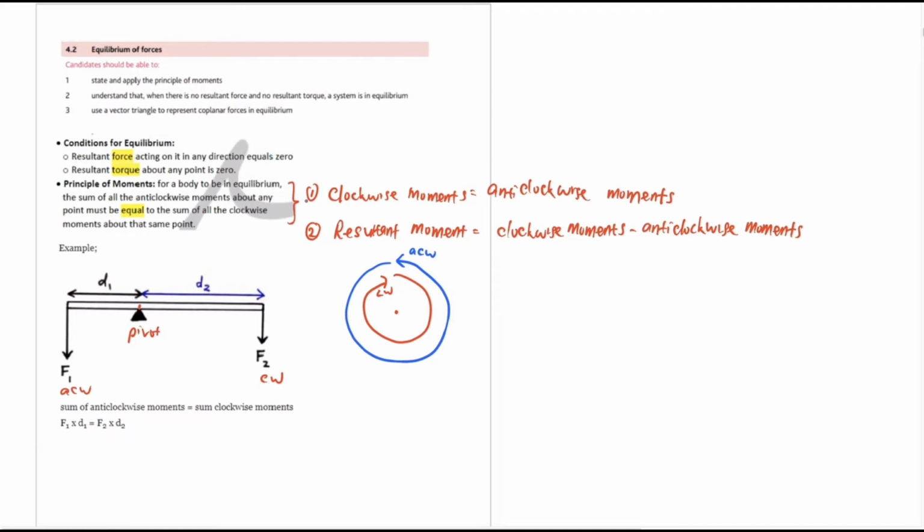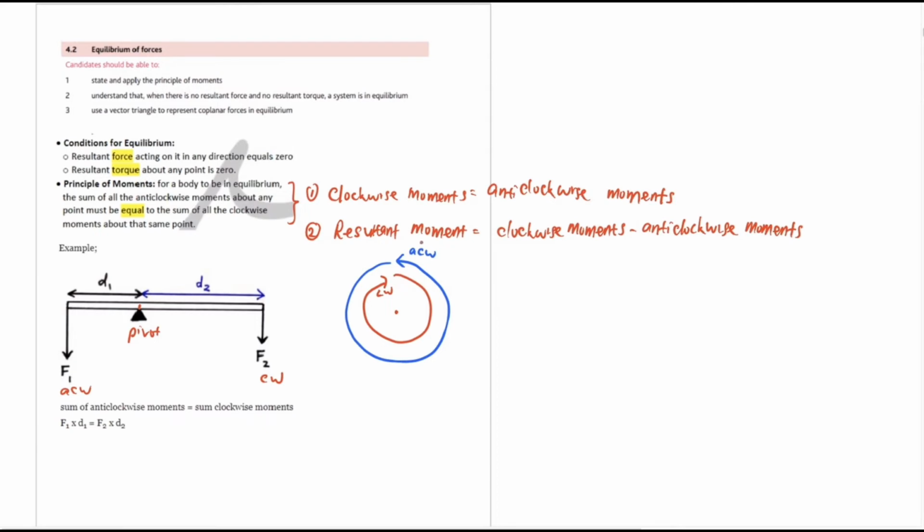So it's 0. You look at number 2, right? Resultant moment. Resultant moment is equal to 0 because clockwise moments is equal to anti-clockwise moment. So you minus them, you will get 0.